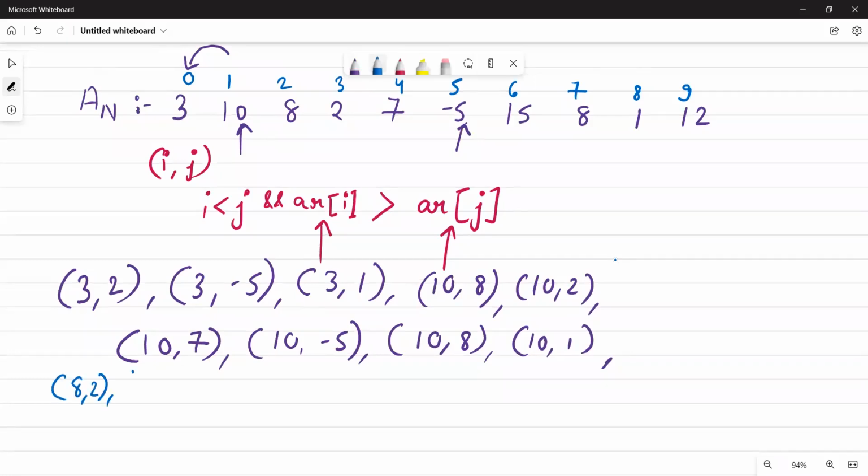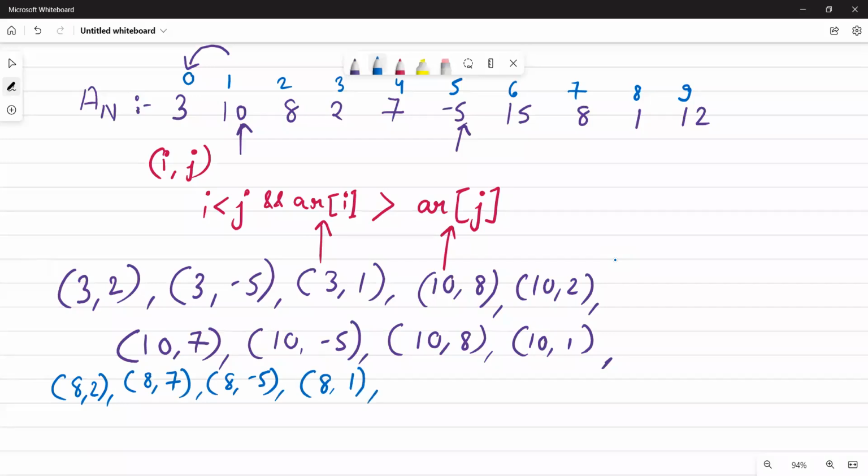Then with 8, it is 8 and 7. Then 8 and minus 5. 8 and 15. Not possible. 8 and 8. No. 8 and 1. Yes. 8 and 12. Still not possible.